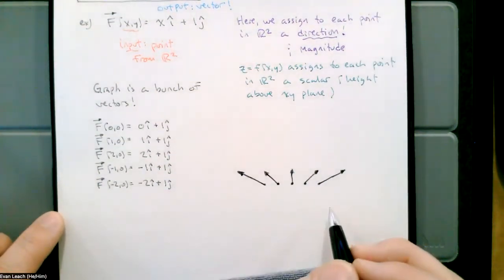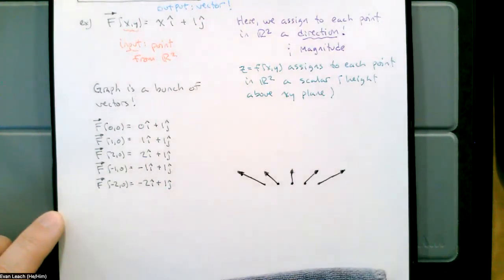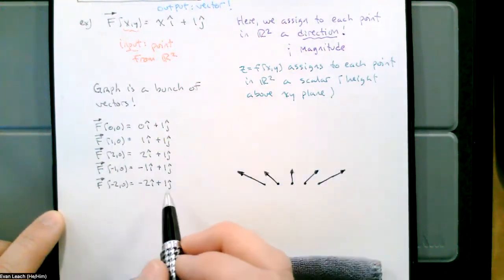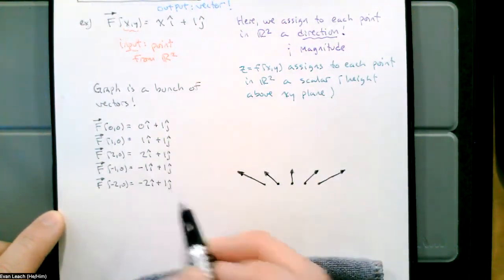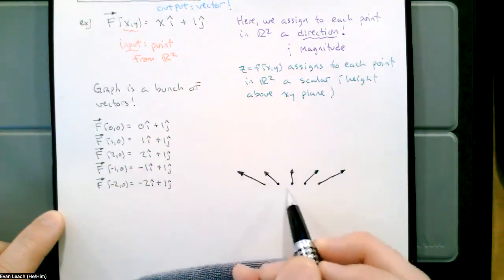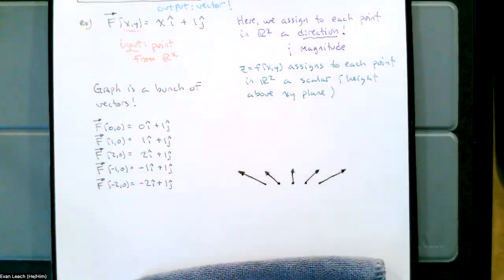Notice that this particular vector field only cares about the x value. What's going on in the y direction is always just 1j. That's why every vector is just 1 unit tall. So I'm just going to get a copy of this spread of vectors at every y value, because our function doesn't actually care about y.